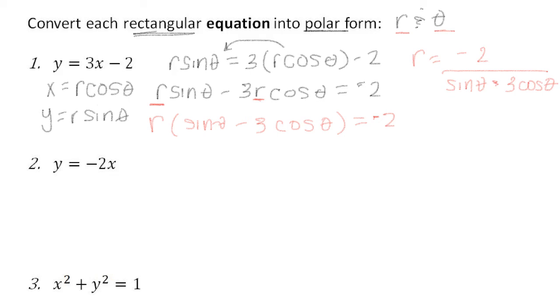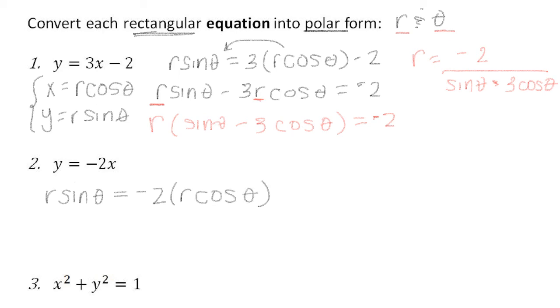Okay, same idea for the next problem. So let's go ahead, and we do know this relationship, and we're going to use that relationship down here. So in place of y, I'm going to say r sine theta equals -2 times x, and x is r cosine theta.